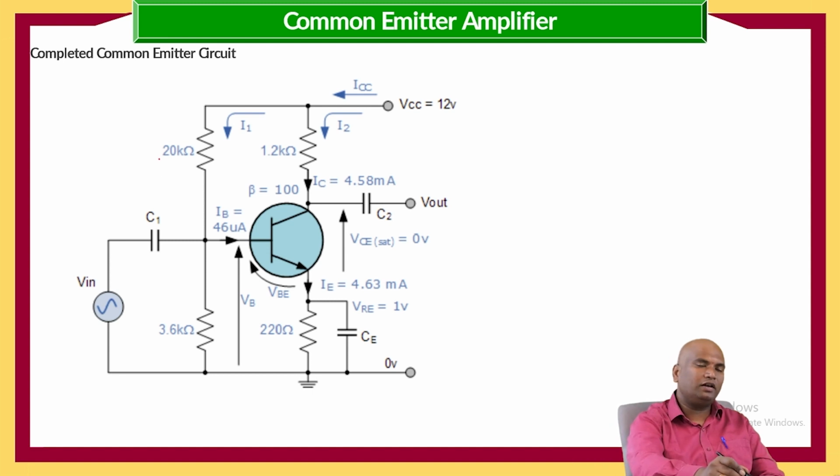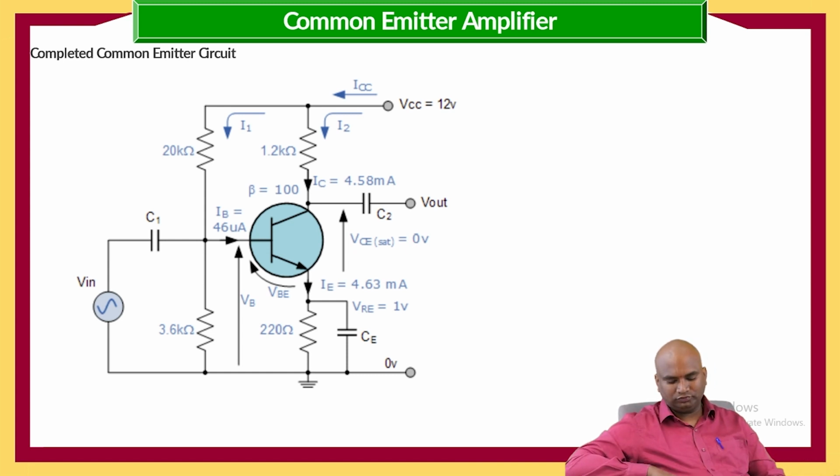That is, the resistances are 20 kilo ohms, 3.6 kilo ohms, 220 ohms, 1.2 kilo ohms, and the currents are 4.63 milliamperes, 46 microamperes, 4.58 milliamperes. Here we are taking VCE under saturation condition, and that value we are considering as 0.